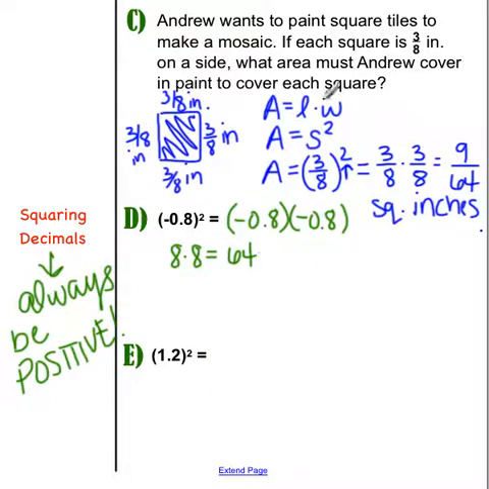And then, just like our rule but opposite of division, we have one decimal place in this number, one decimal place in this number. We're going to add them together, which means I need 2 decimal places in my solution. So I go back this way and I get 0.64.